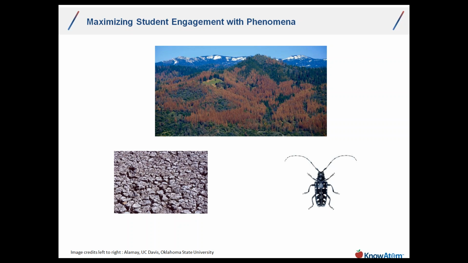The reason I'm explaining this is that the phenomena is complex to the point where it gives us a lot of entry points, but it also gives us a lot of variables where students, as they're exploring, even if they're all exploring the same question or problem and trying to come to that evidence-based conclusion, are most likely going to come to different conclusions. And that's important because the goal is not for every student to come with the same answer.